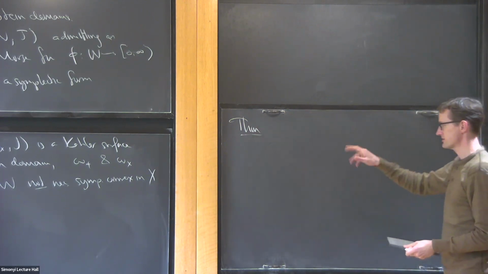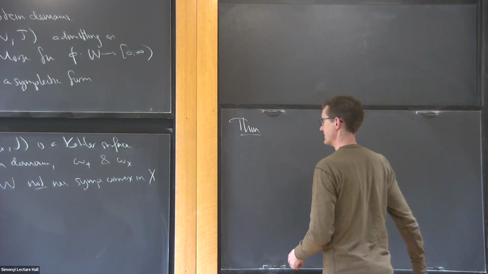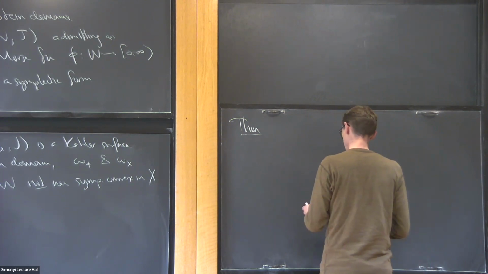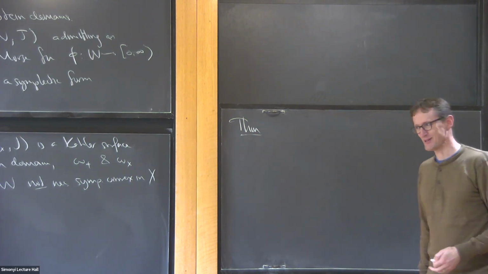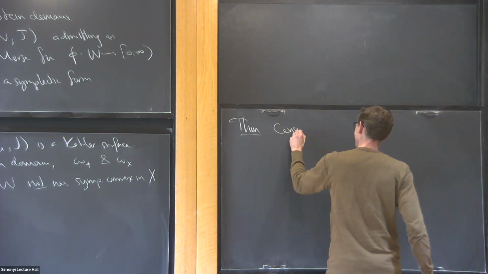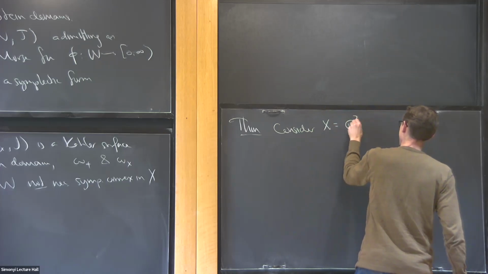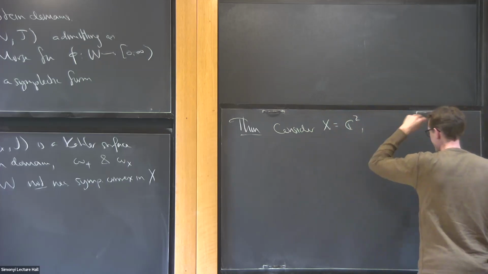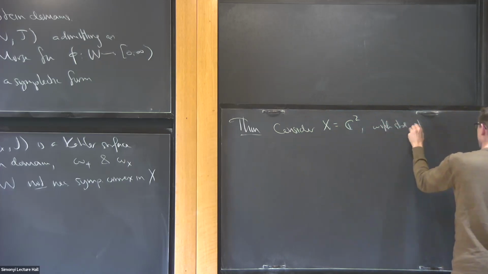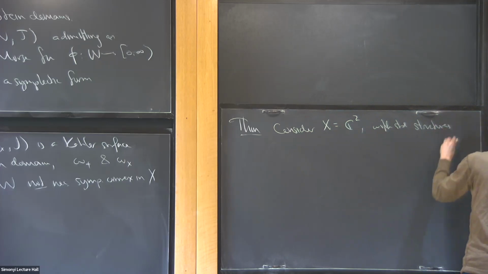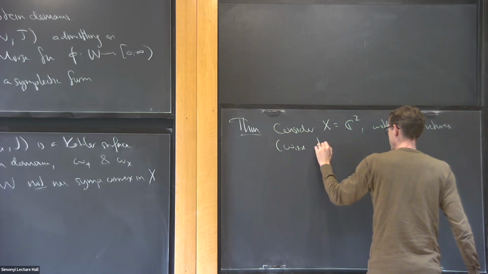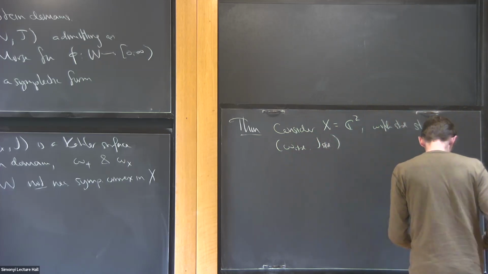So let's focus on maybe the simplest possible case where X is C2, the complex plane, a two-dimensional complex thing, with its standard Kähler form and standard complex structure.